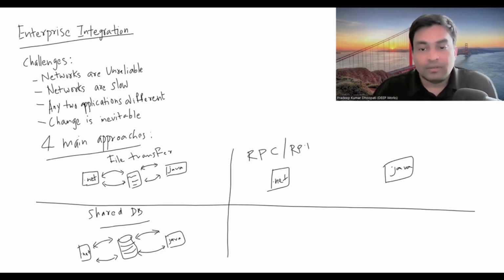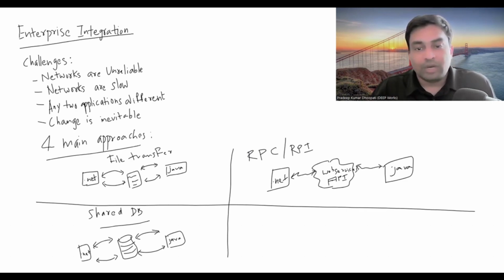In this case, one application will expose its functionality in the form of web service or an API, and whatever application is interested in invoking this functionality will make a call to this web service or API, and this communication is synchronous and real time.